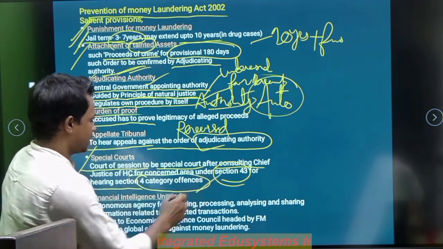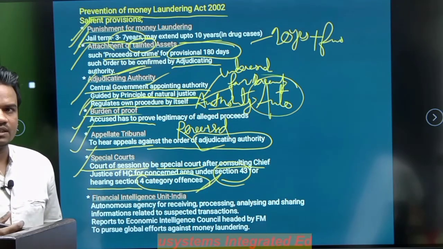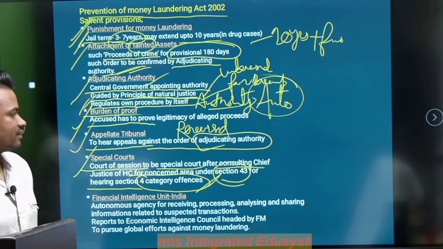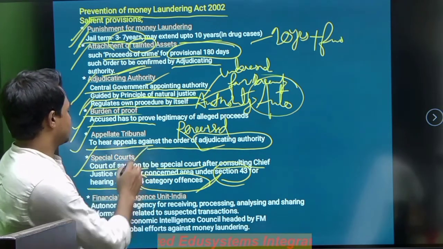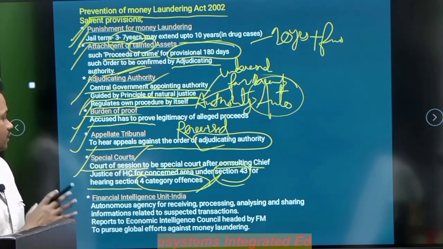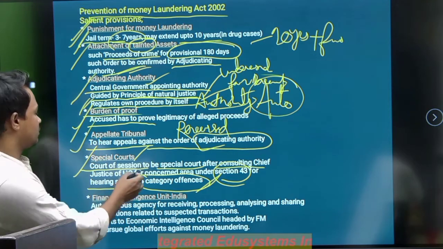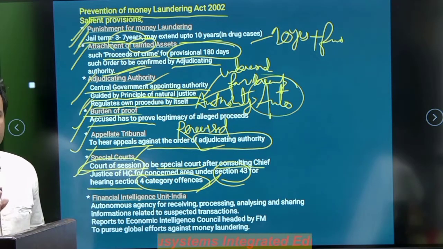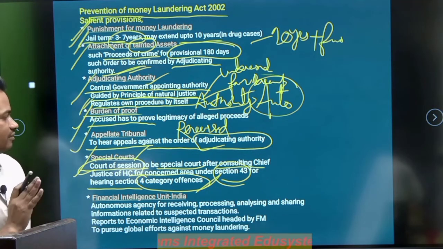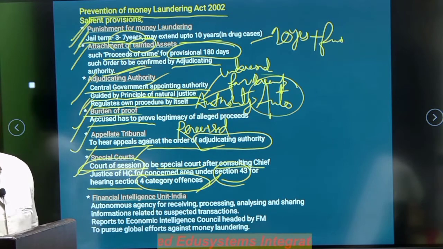These are offences that are extreme in nature. In those cases the special court will be assigned the trial, and the central government, in consultation with the Chief Justice of that High Court, will constitute that special court.